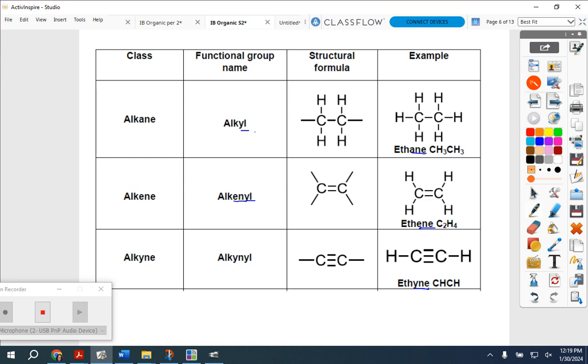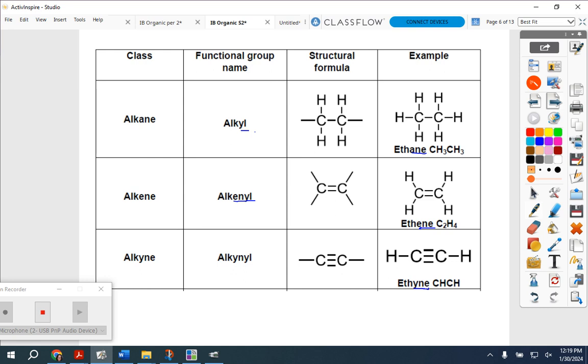And we already know that it's ane for the suffix. The enes are alkenyl, not alkyl, and they end in ene. We didn't really talk about triple bonds, but it's just a y instead of an e, so alkynes instead of alkenes or alkanes.